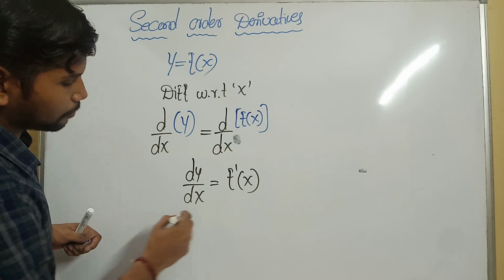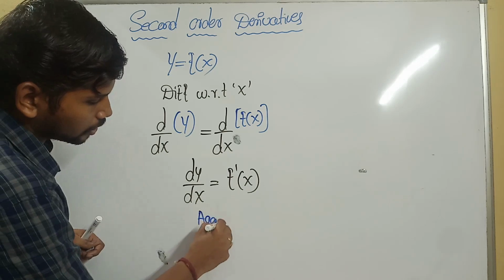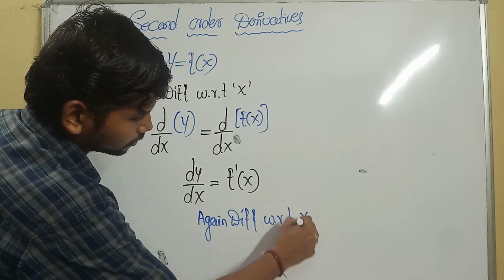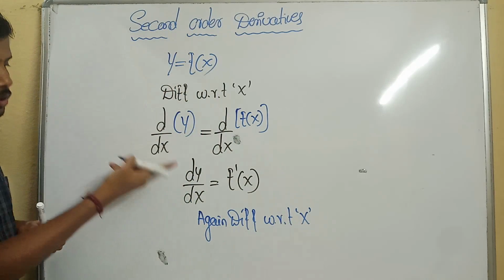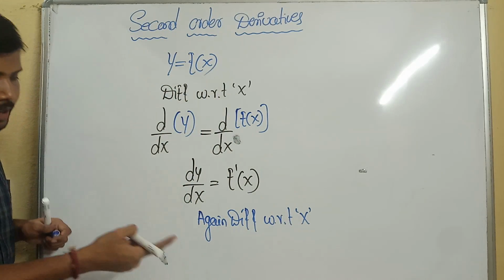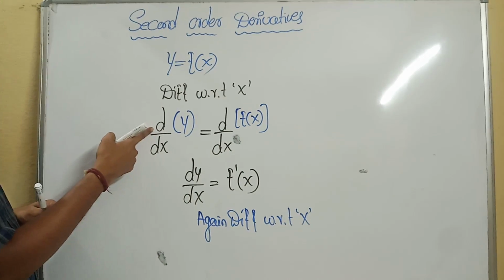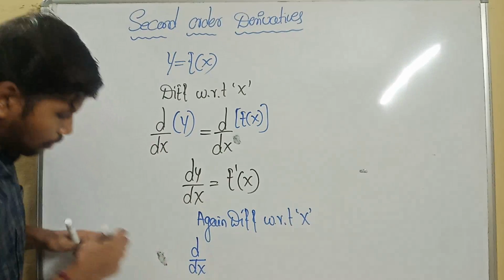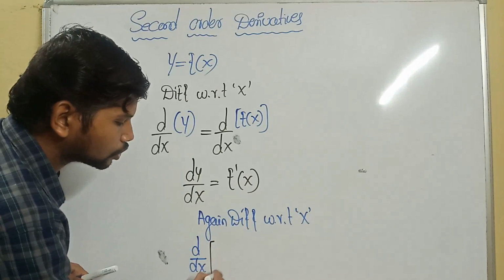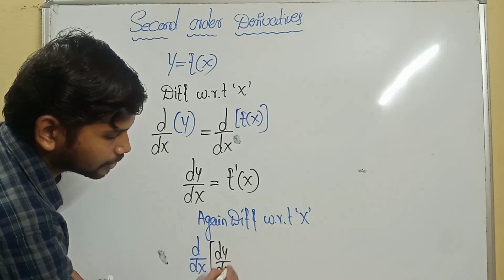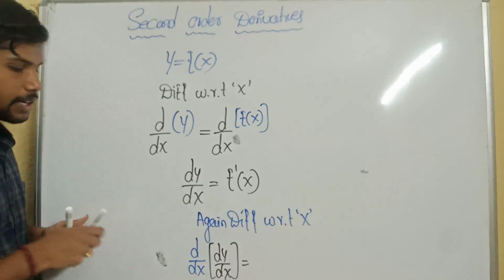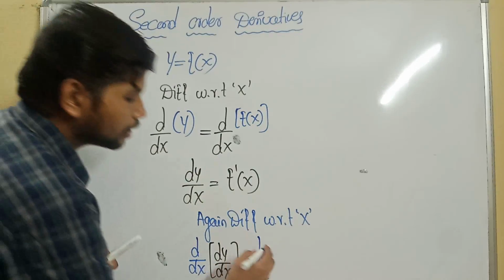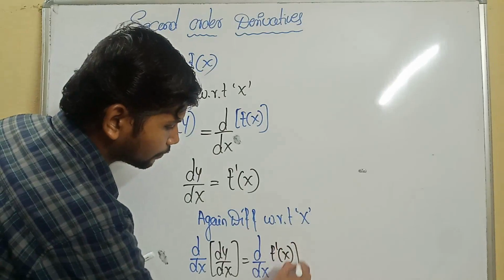Then the next step will be again differentiating with respect to x, which means it is the second order derivative. This is first order derivative. Now I'd like to find the second order derivative. What we did is d by dx of the function, which gives dy by dx. After that, again d by dx of f dash of x.